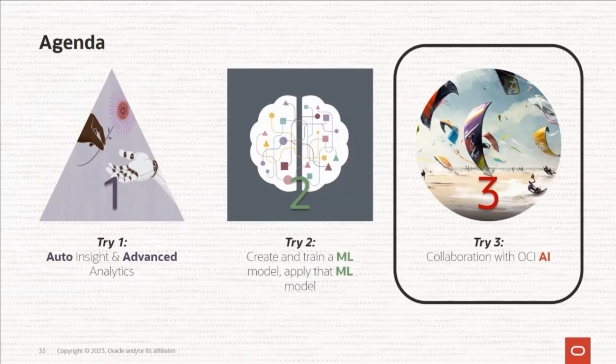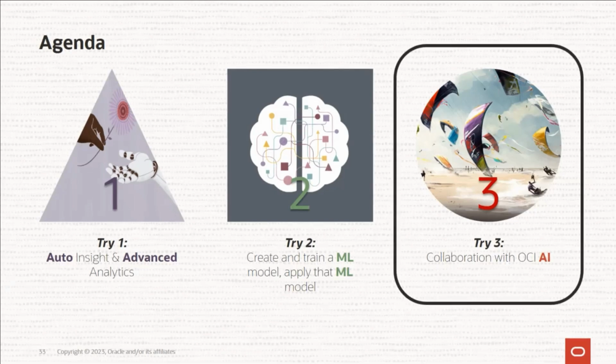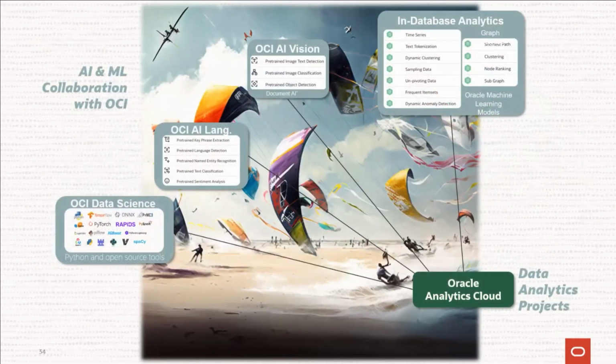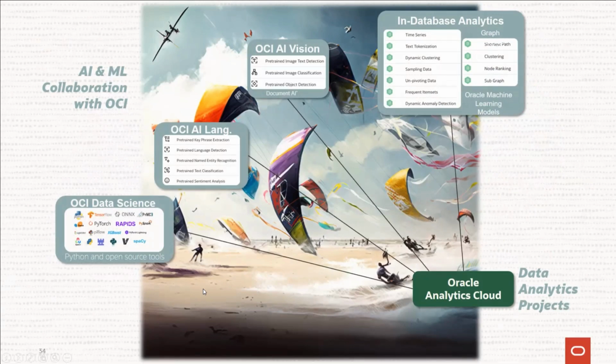If you want to look at how AI services are integrated and what kind of advanced integrations or collaborative capabilities are available, on the left hand side you see you can hand code your data science models on a Python Jupyter IDE and then bring it onto Oracle Analytics Cloud.